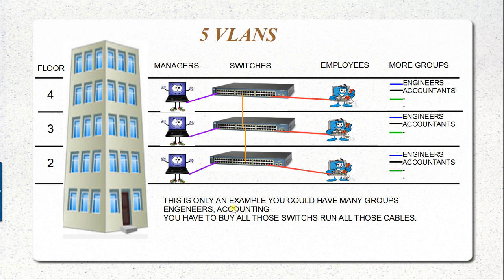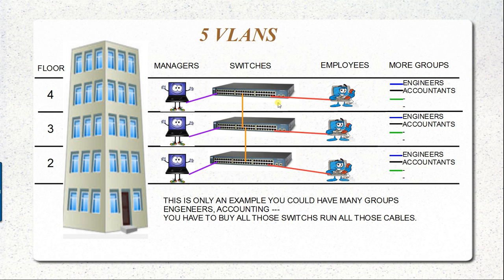So let's say I have my 5 managers here, 5 managers here, 5 managers here, and I just designate these ports here as manager VLANs. And then for my employees, I just designate these ports to the employee VLANs.